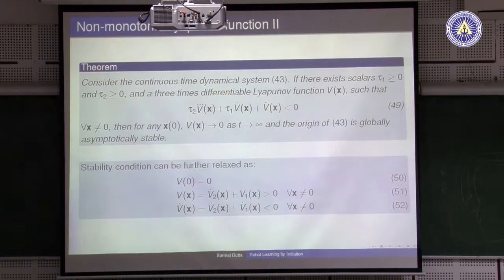So, in 2002 or so, Amir Ali Ahmadi proposed that we do not have to go up to 3 dots, it can be managed with 2 dots if we take 2 separate Lyapunov functions, right. We take 2 separate sets of P's and we can show that if up to the second dot it is negative, the system is stable, right.